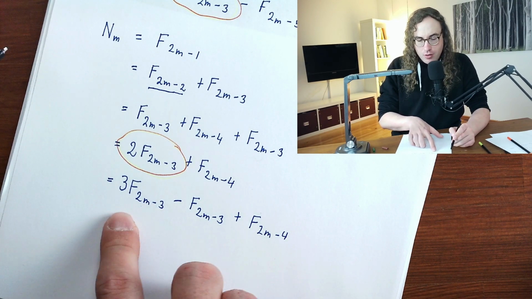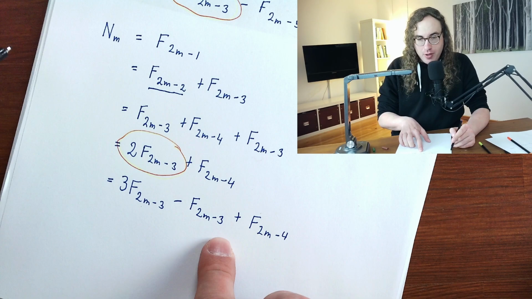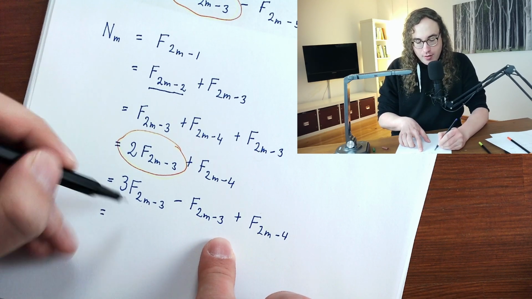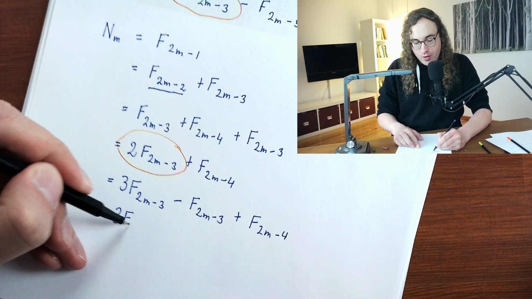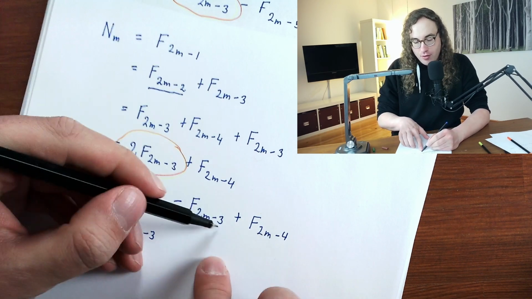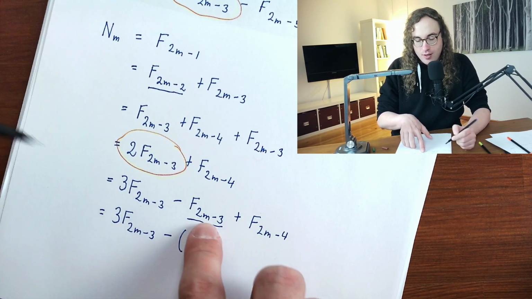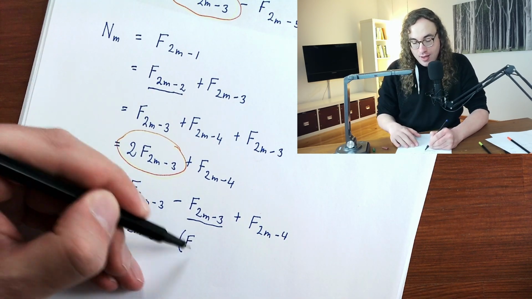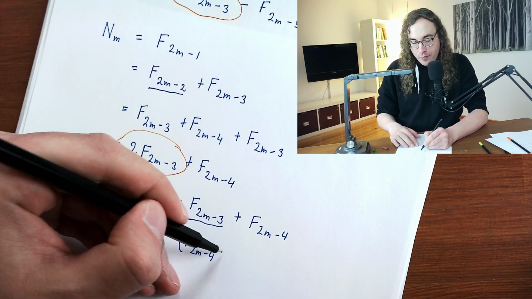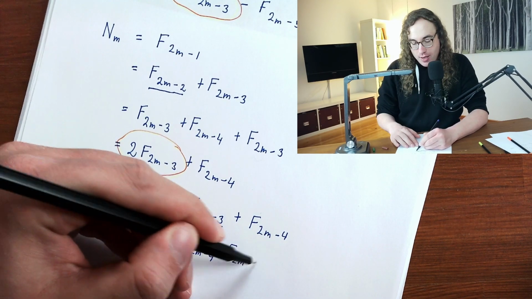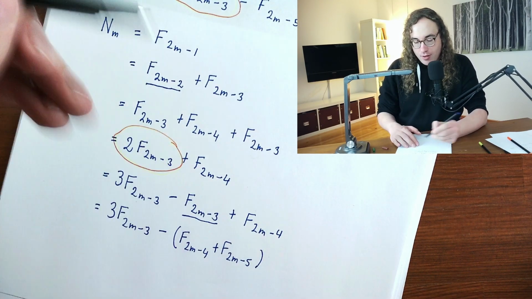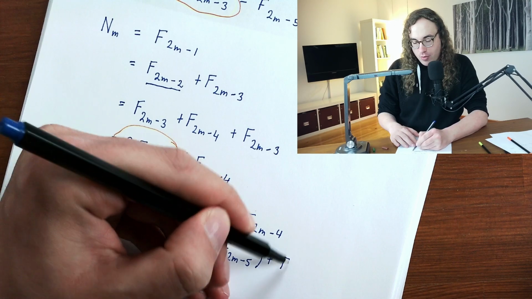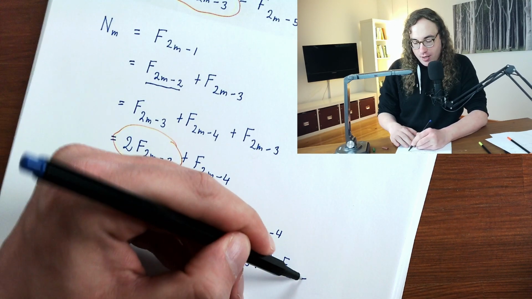Now, let me again use the defining property of the Fibonacci sequence. I won't use it here; I will use it on this term. So minus, what is this? Again, it's the sum of the previous two terms. So this is the same as f2m minus 4 plus f2m minus 5. Okay, and then here I have 2 plus f2m minus 4. Let's simplify this.